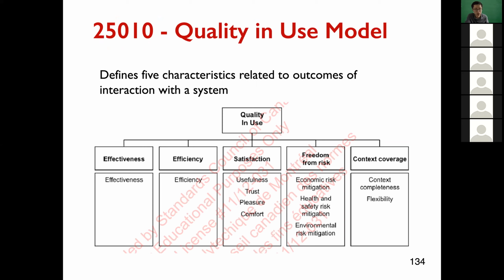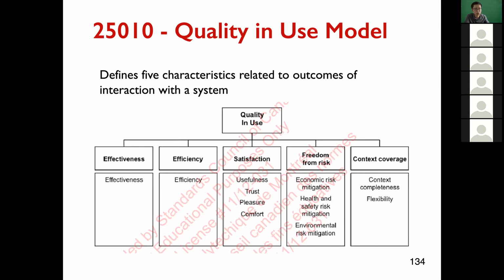These are quality in use: effectiveness, efficiency, satisfaction, freedom from risk, and context coverage. These basically define our experience of using a software system.